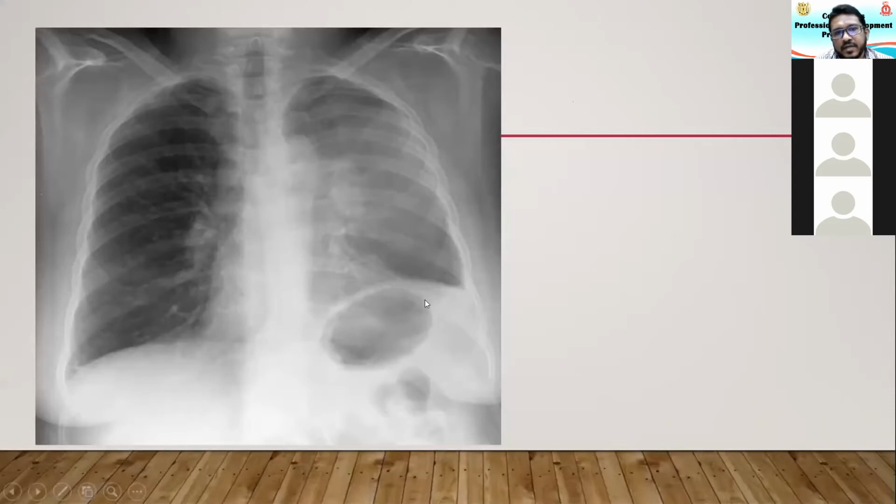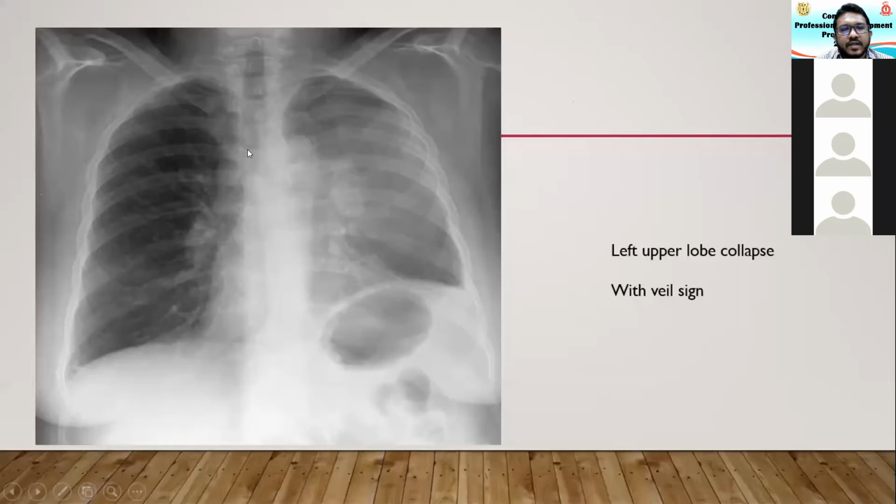The cardiac border is fairly okay, but still it's smudged, and there is a sharper outline of the aortic knuckle as well. So this is what you call the left upper lobe collapse with veil sign.